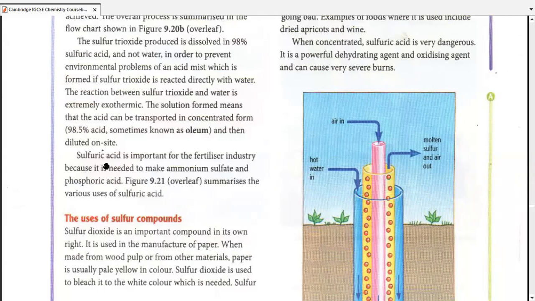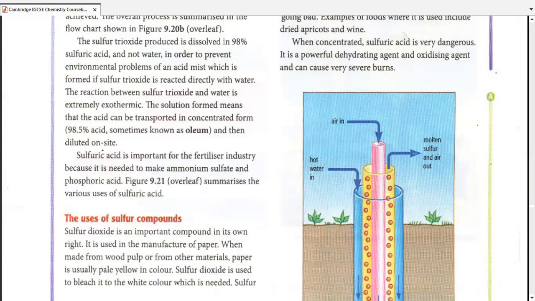First use of sulfur dioxide. It is used in manufacture of paper. The wood pulp from other materials is usually pale yellow in color. Sulfur dioxide is used to bleach it to white color. You know what a bleaching agent is? A bleaching agent is which decolorizes anything, and sulfur dioxide is used to decolorize the wood pulp to give you a white paper, the paper you usually use.